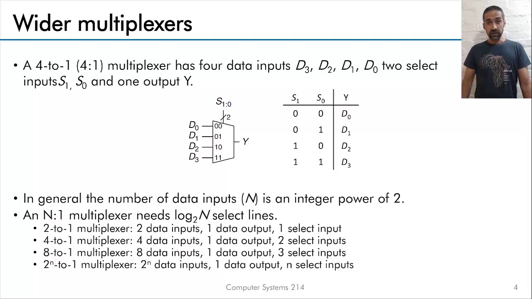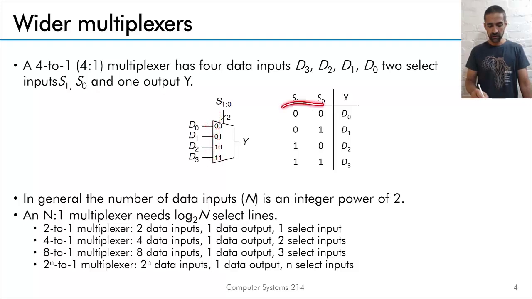Now, we've only done 2-to-1 multiplexers, but obviously you can do more than 2 input multiplexers. On the screen there you can see a 4-input multiplexer. If you have 4 inputs going from D0 to D3, you obviously have to use more than one select line. So in this case we're using 2 select lines, and those 2 select lines correspond to each one of those inputs.